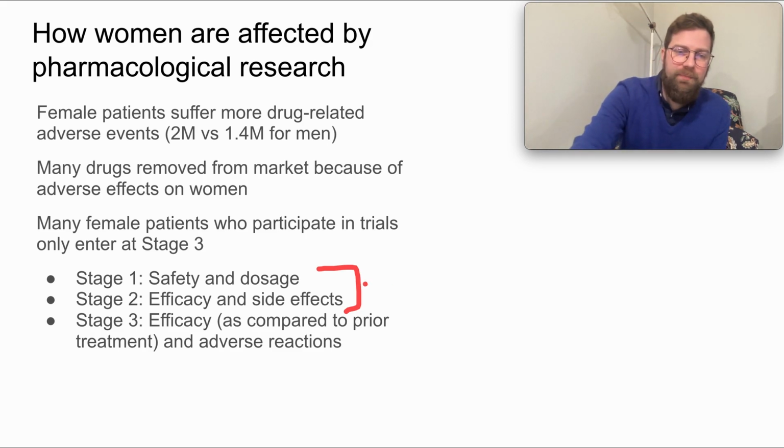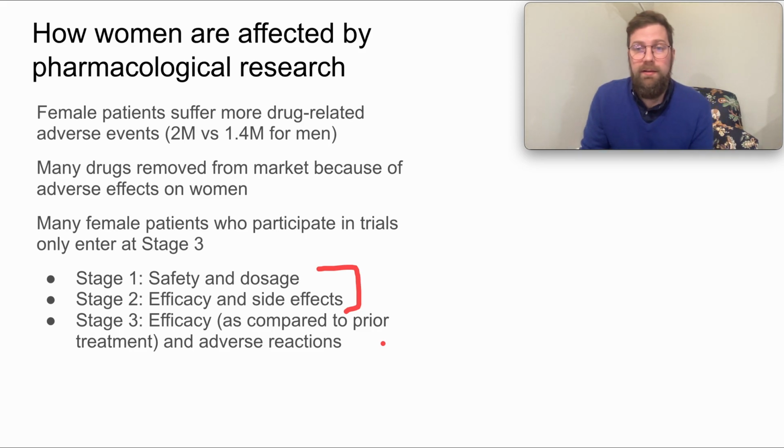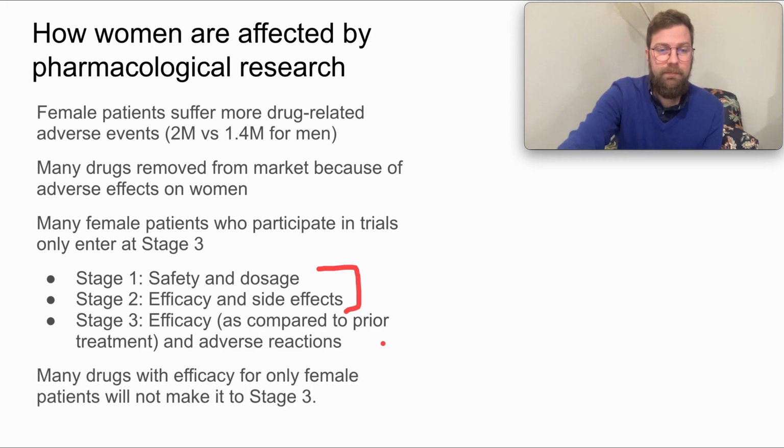But we'll notice that in this way, the exclusion of women from these first 2 stages is a way of having drugs that are less effective for women in general and drugs that are less safely dosed. So that's exactly this point.